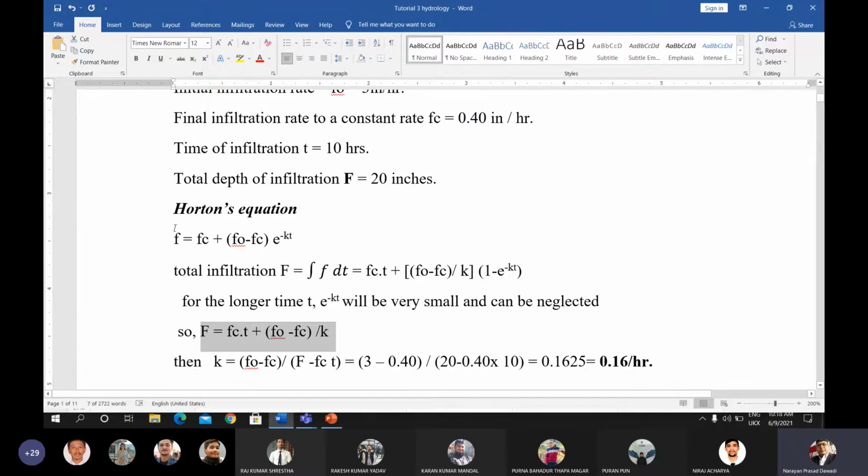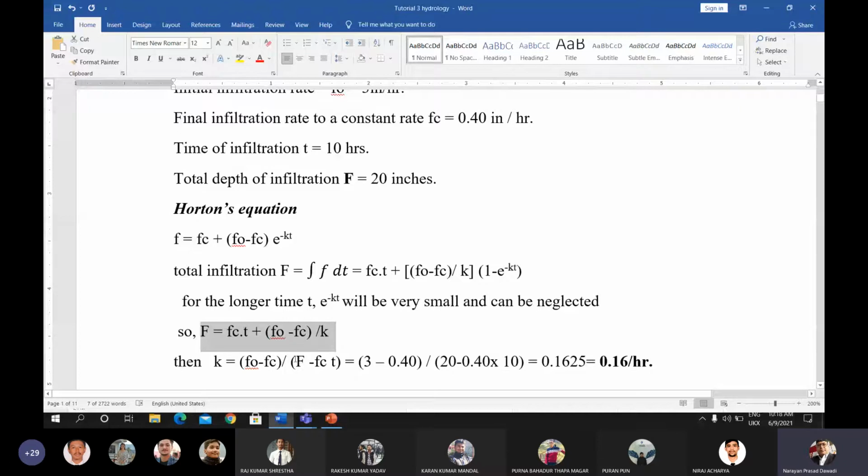That's why, integrating the infiltration rate times dt for a small hour from 0 to t hours, you will get the total depth of infiltration. The total depth of infiltration is given as 20 inch.